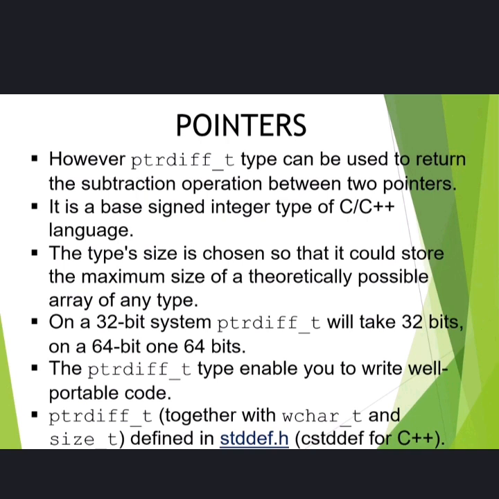On a 32-bit system, ptrdiff_t will be 32 bits; on a 64-bit system, 64 bits. The ptrdiff_t type enables you to write well portable code.